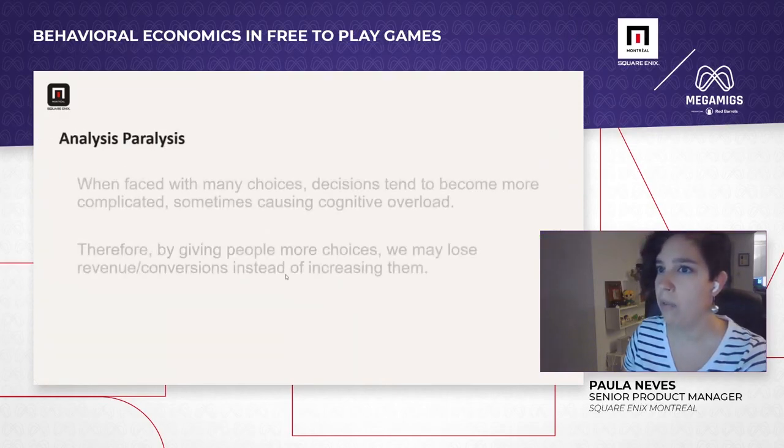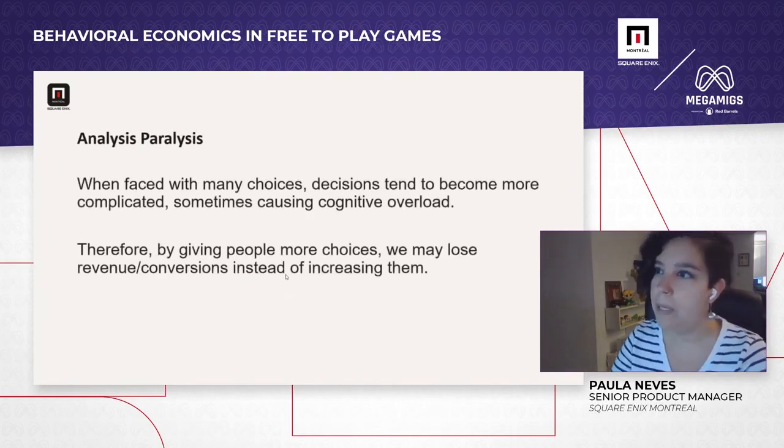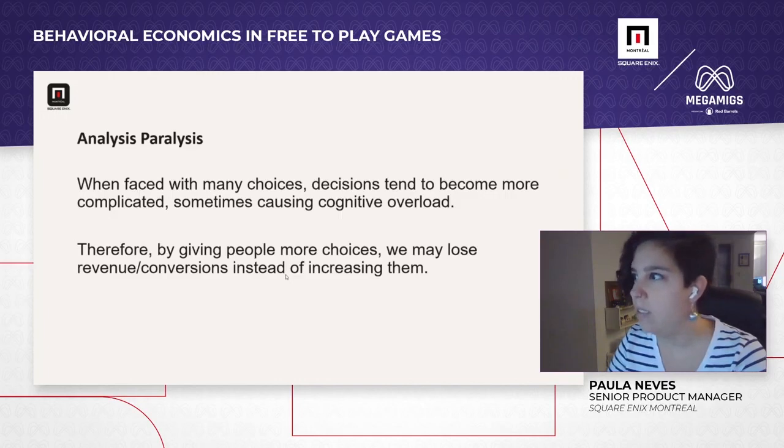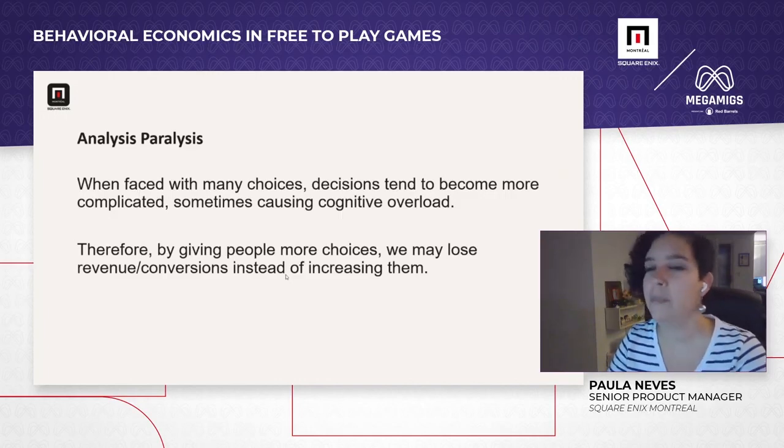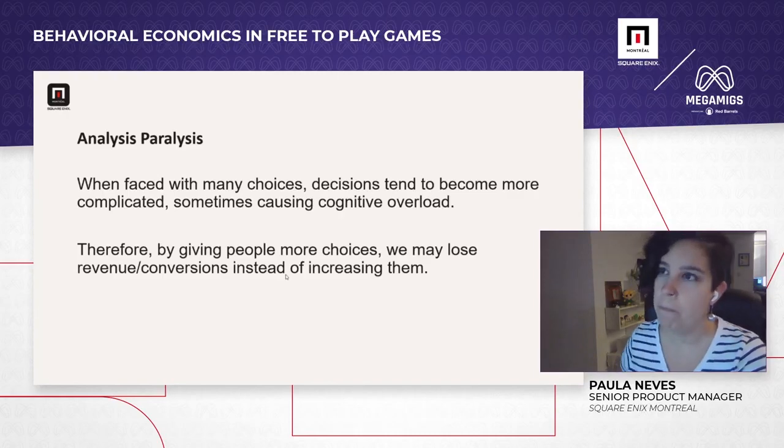So it's very powerful. And to sum it up, when faced with many choices, decisions tend to become more complicated, sometimes causing cognitive overload. Therefore, by giving people more choices, we may lose revenue and conversion instead of increasing them.